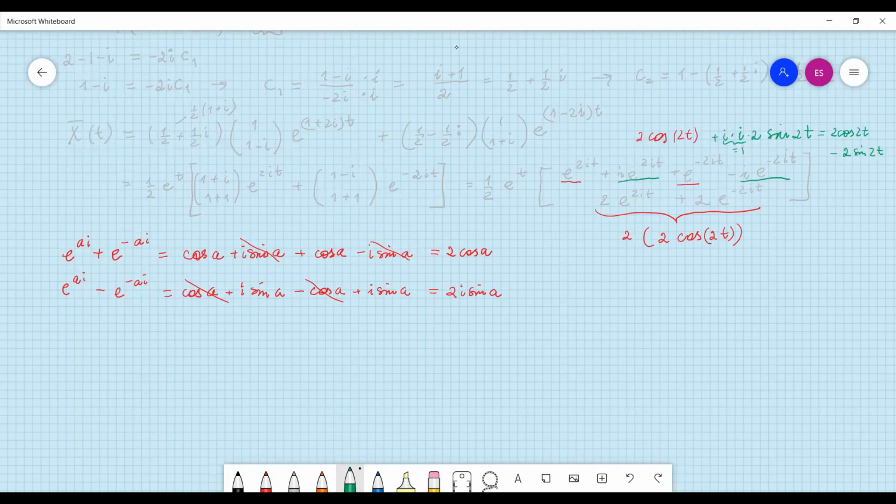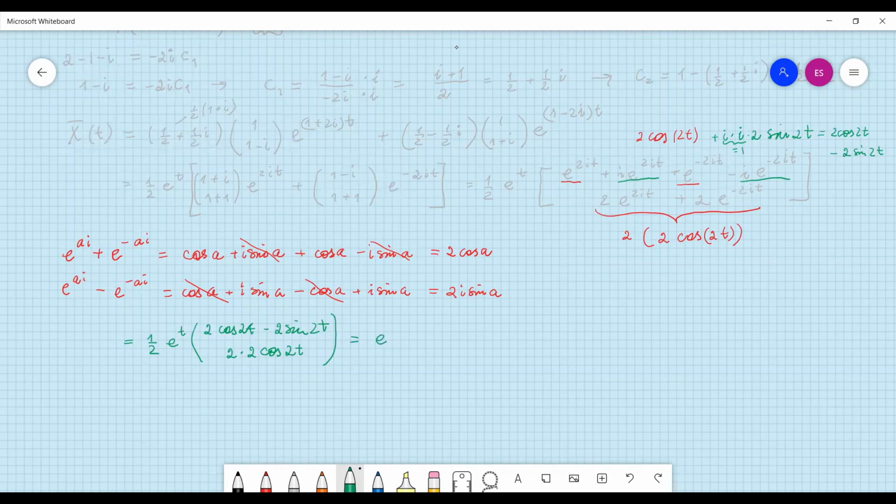Now I'm going to just write down my final result. And that's going to be 1 over 2 e to the power of t. And on the top I have 2 cosine of 2t minus 2 sine of 2t. And in the bottom I have just 2 times 2 cosine of 2t. Guys, what I'm going to do now, I'm going to take 2 from all these terms outside to cancel this 1/2.